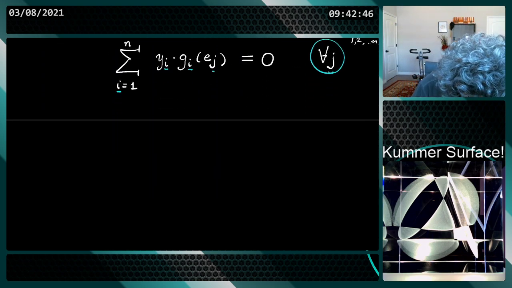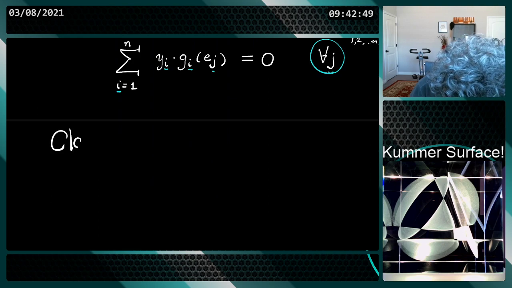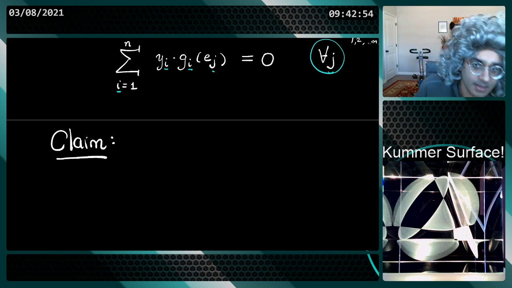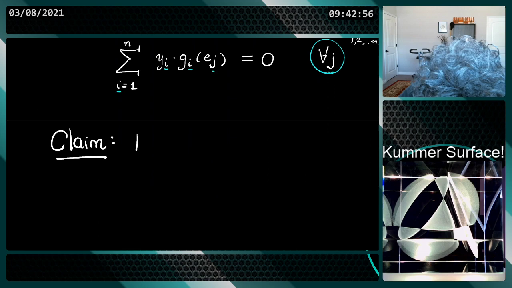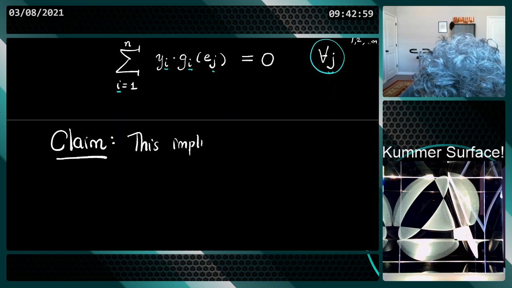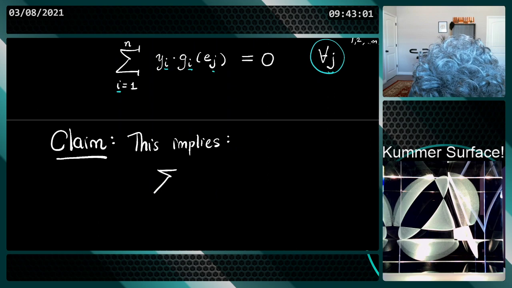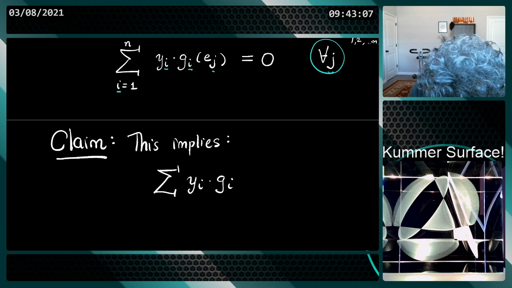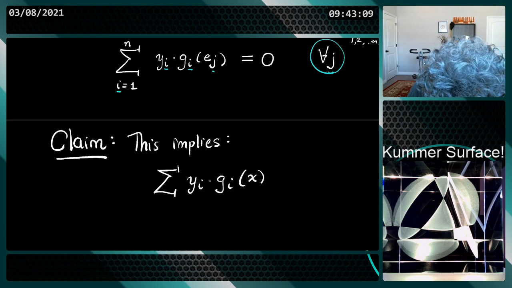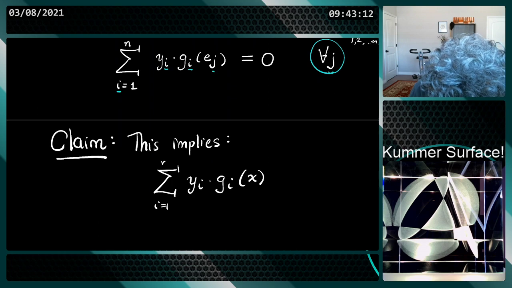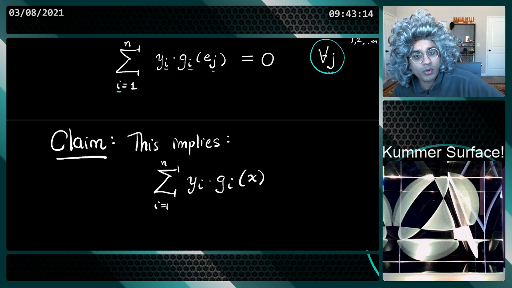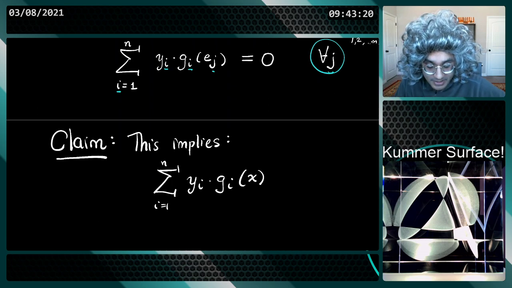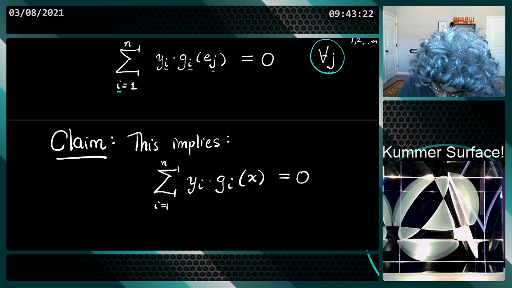So the claim here that finishes this argument is that this implies that the sum of yi's times gi applied to any element is 0.